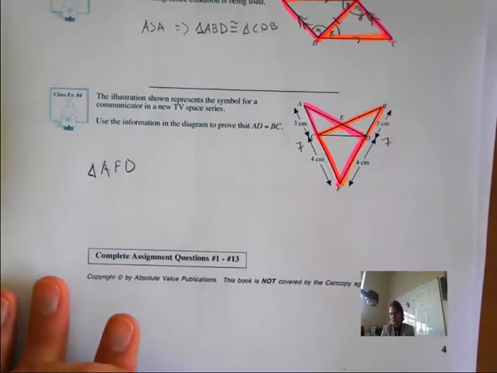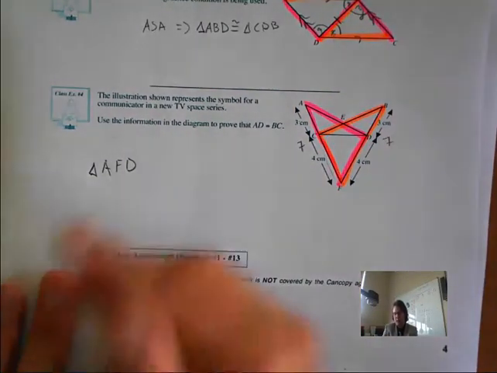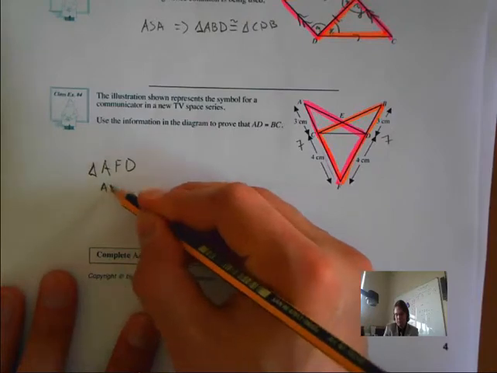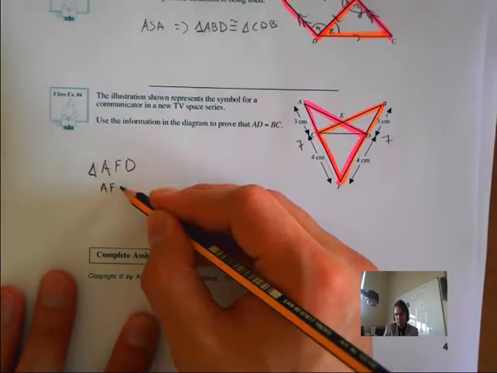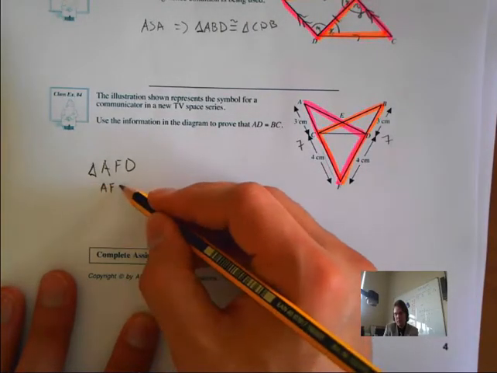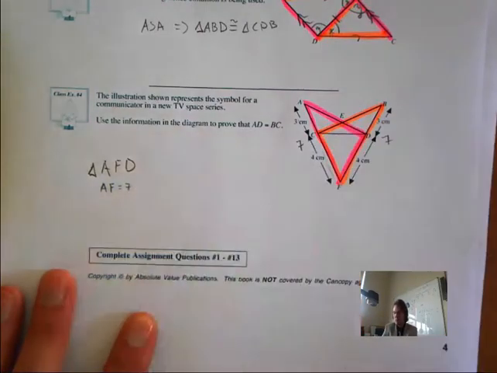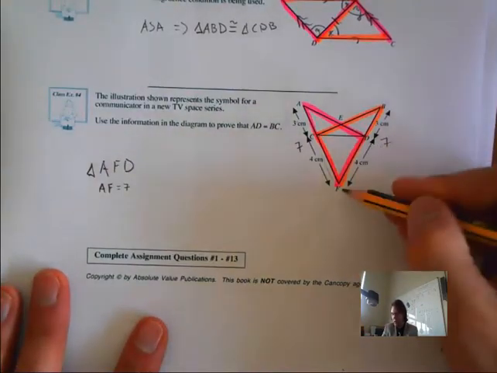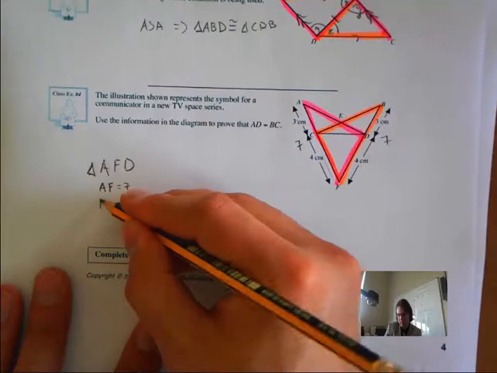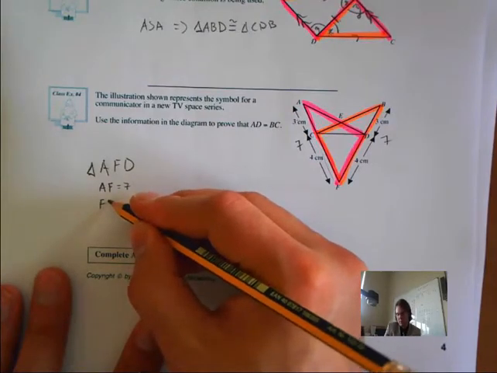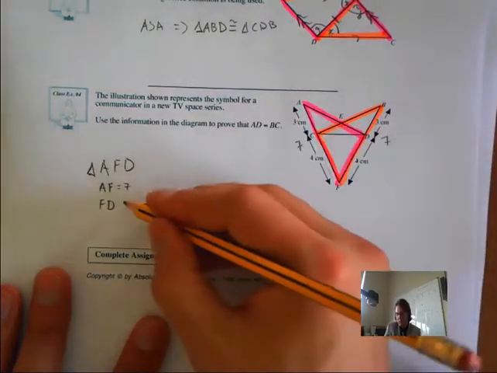We know that AF is 7, and we also know that FD is 4.